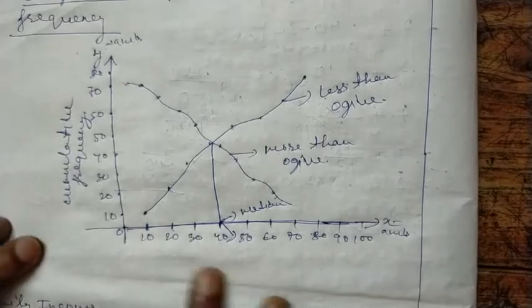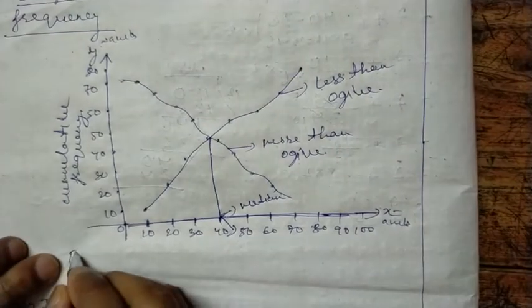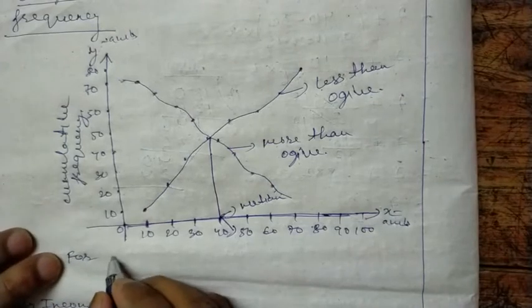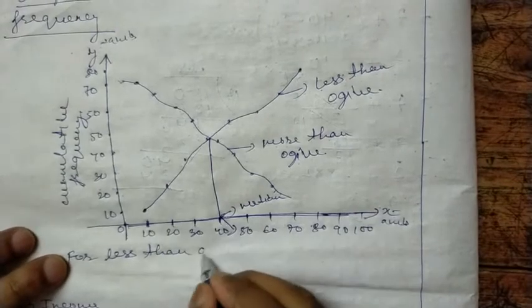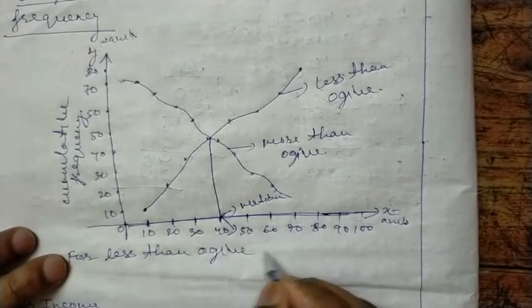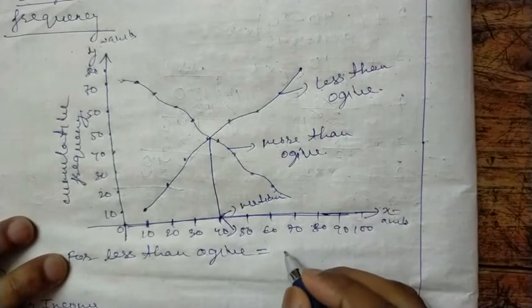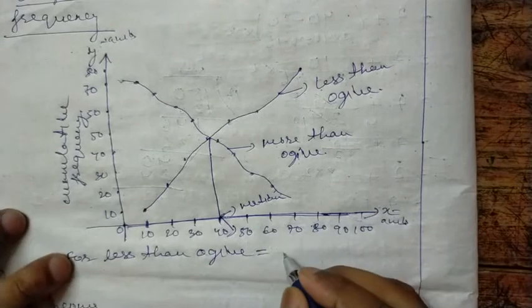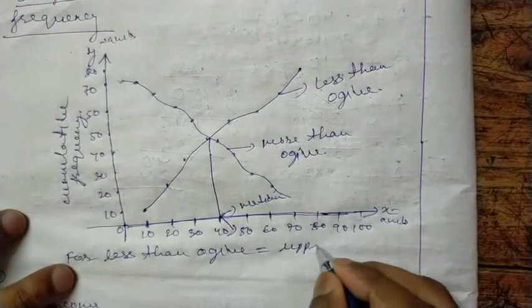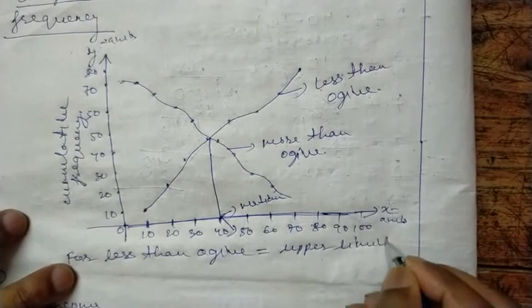And here, for a less than ogive, we have to take the upper limit.